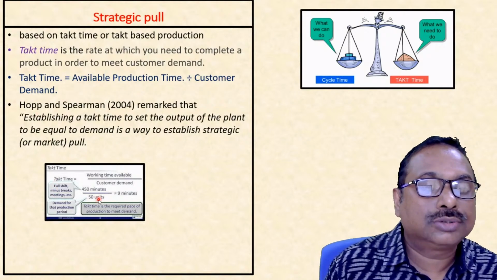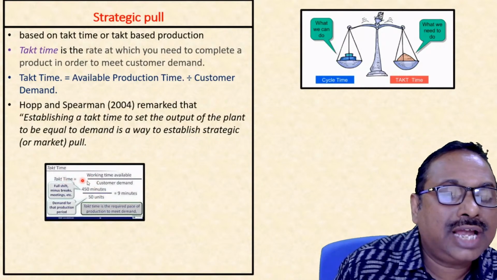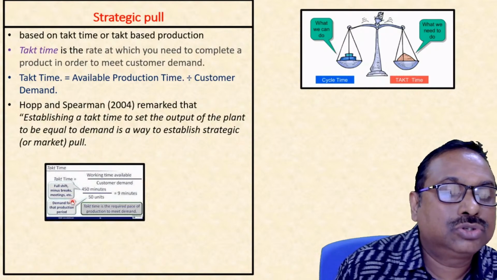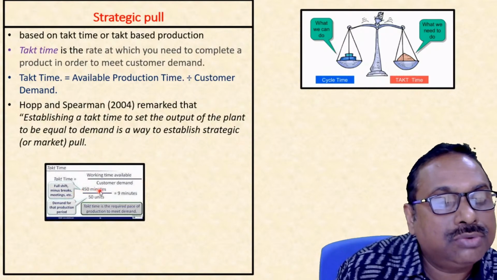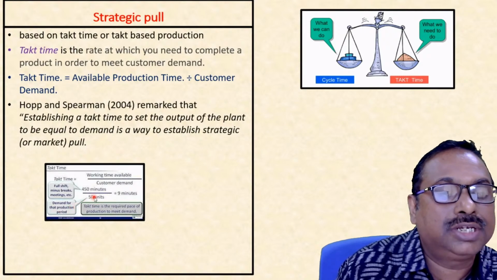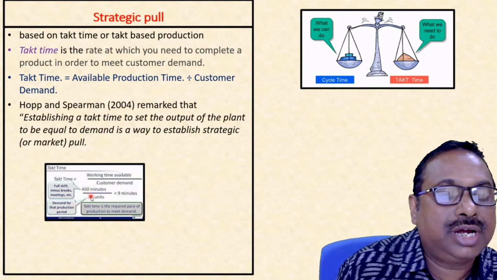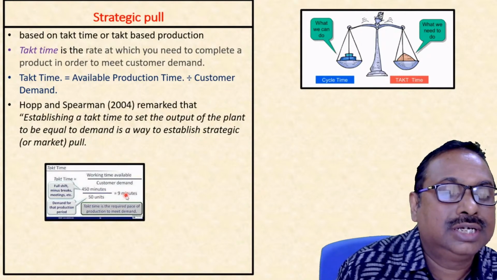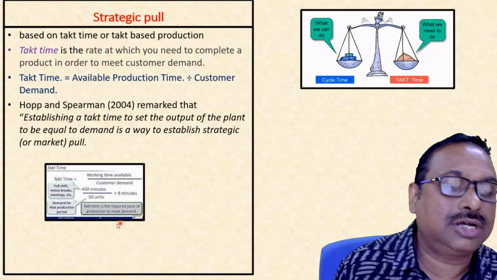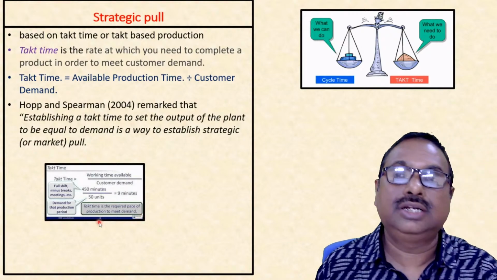Suppose the working time available is 450 minutes and demand for that production period is 50 units. So 450 divided by 50 is 9 minutes. This takt time is required to pace the production to meet the demand.